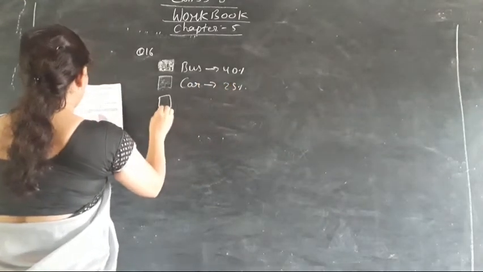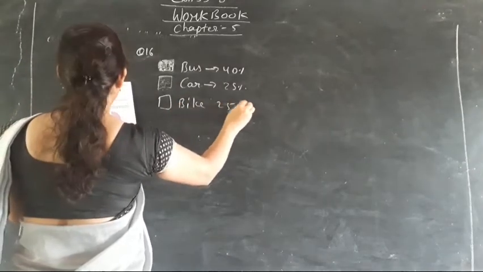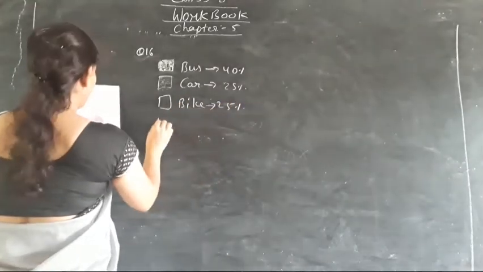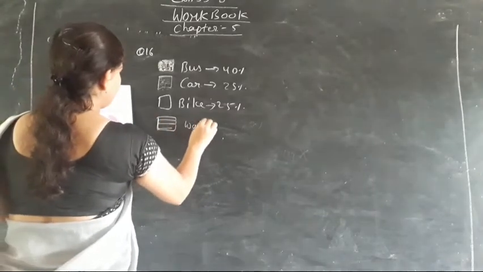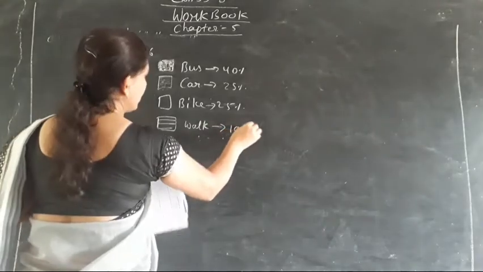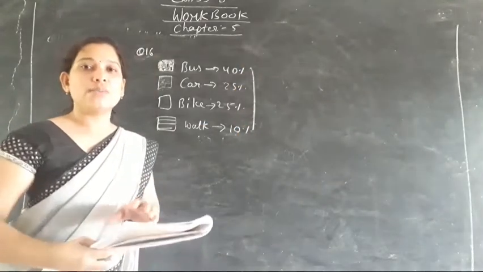Then bike, it is 25% again. Then walk, it is 10%. And from where are we getting this percent? This percent we got from the pie chart. The percent you got from the drawn pie chart.